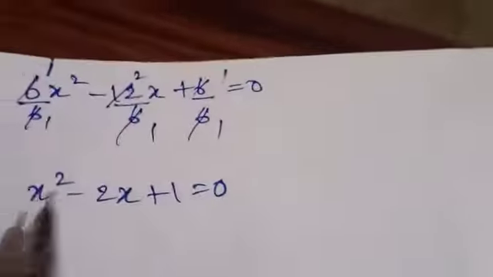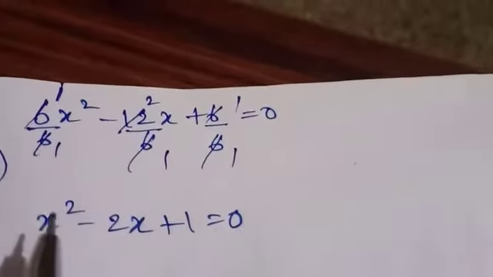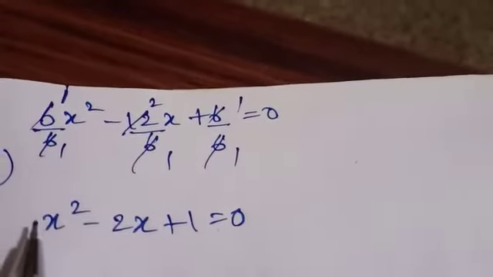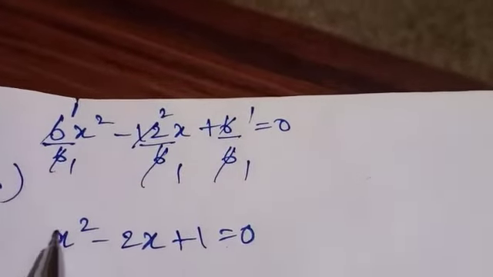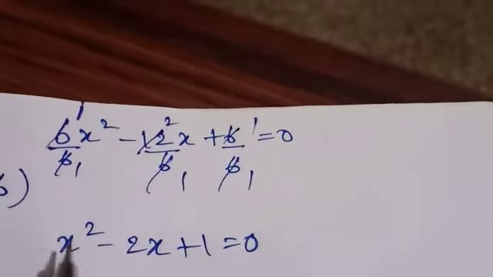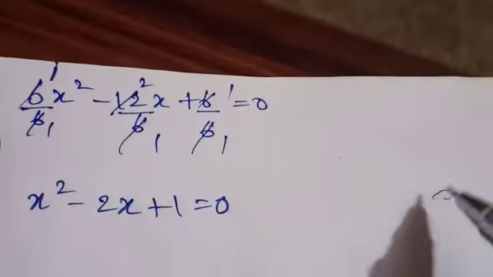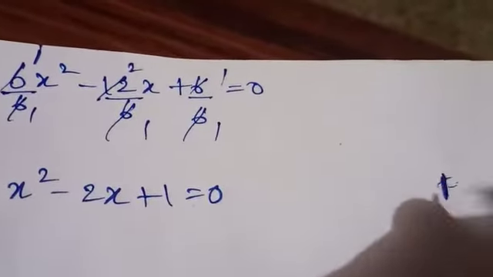So how are we going to do that factor method? The first step is we have to multiply the coefficient of x square with the constant term. What is the coefficient of x square here? It is nothing but 1, right? So 1 ones are 1.